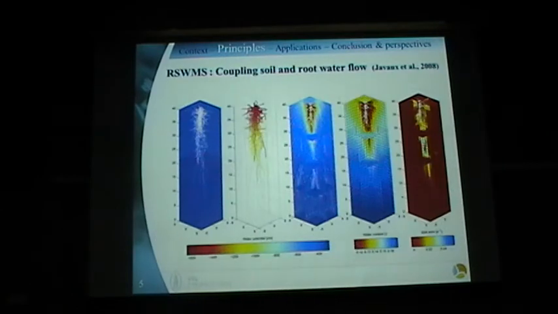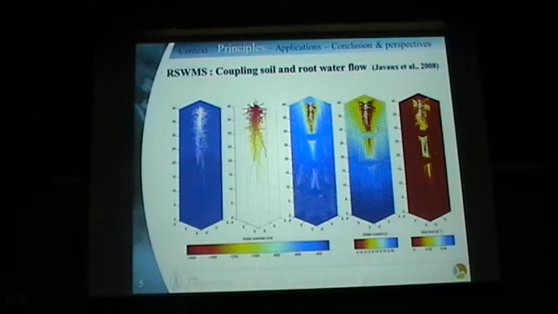So when we couple this modeling approach with a 3D soil water flow model, like Hydrus or SWMS, we obtain a very sophisticated soil plant model of water dynamics, like our R-SWMS here. But there is a drawback with that kind of model. It requires a lot of information about the root system, and also it takes a lot of time to solve the equations inside the root architecture as compared to Feddes' model, for instance.